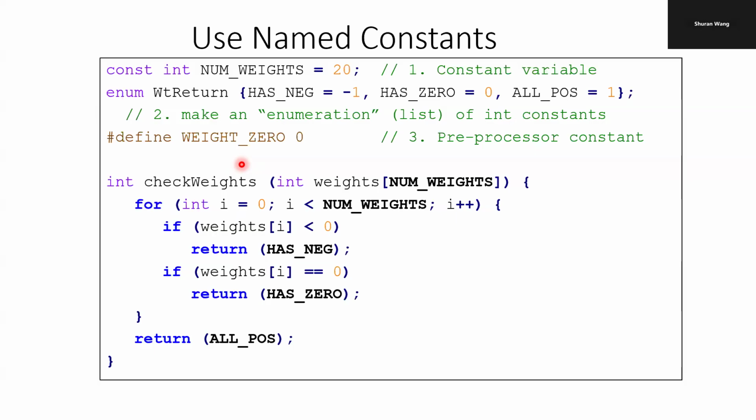We have 3 ways of making constants. To make a constant variable, const int num_weights equals 20. This variable is created at runtime. We can use a preprocessor constant using #define weight 0, 0. This is created at compile time.